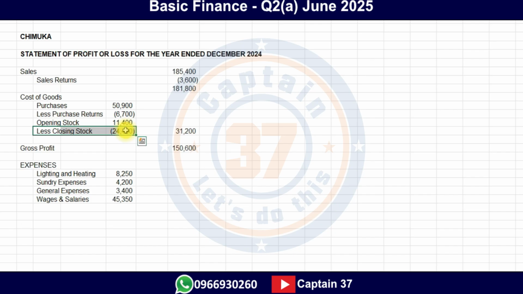Prepayment, for example with rent, means that you have paid way ahead against your schedule. If you pay on a monthly basis and you pay 3 months ahead, that is a prepayment. The secret behind prepayments is always subtract prepayments. In this case, there is a prepayment of lighting and heating.